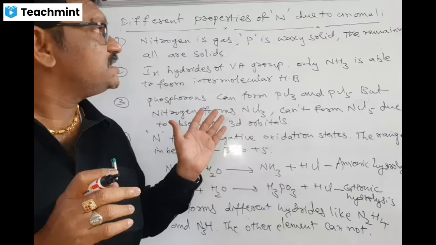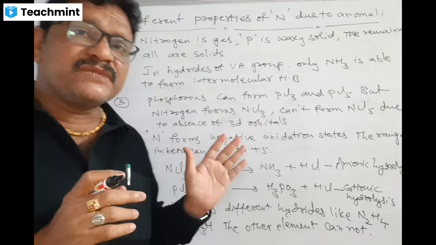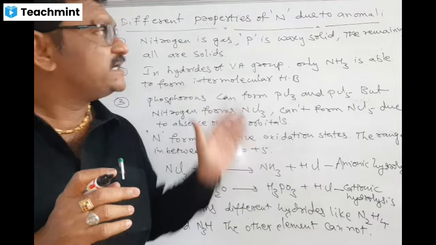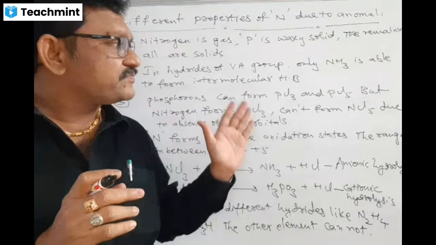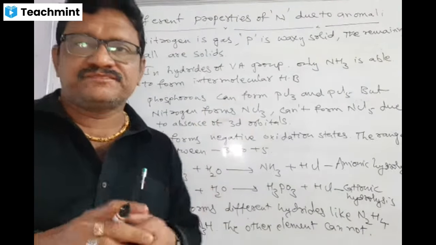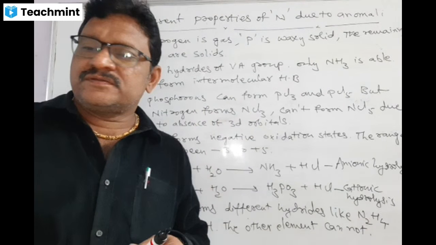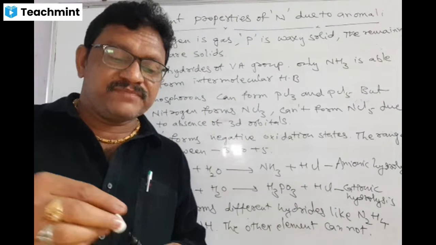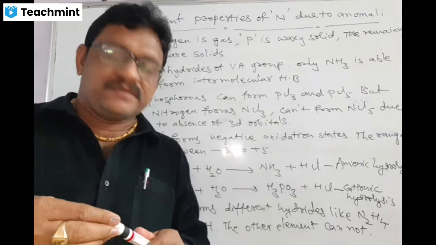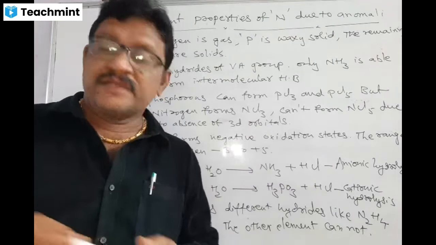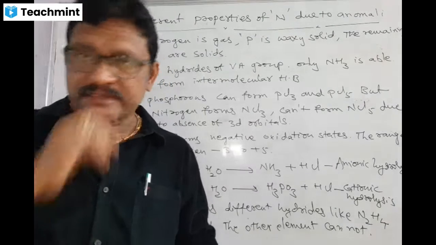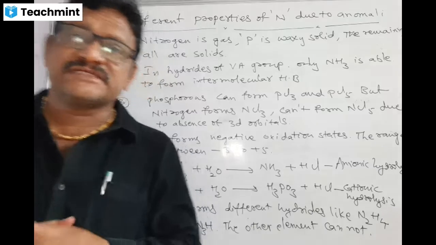So this is called reasons for anomalous and different properties exhibited by nitrogen apart from other elements of the same group. So with this we completed nitrogen special behavior. Stop here. Remaining part will continue in the next class.